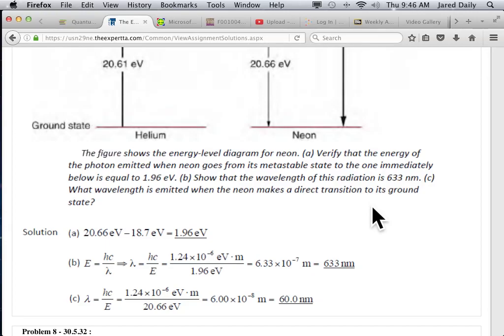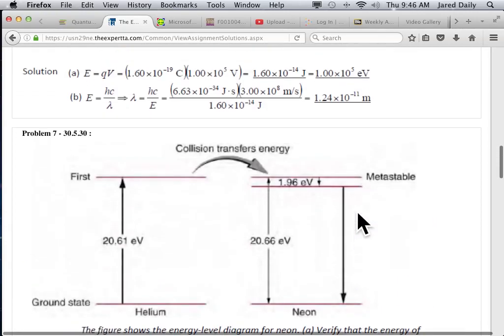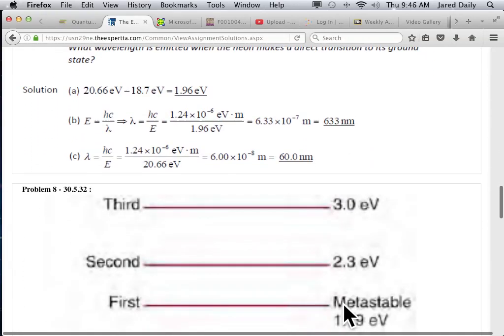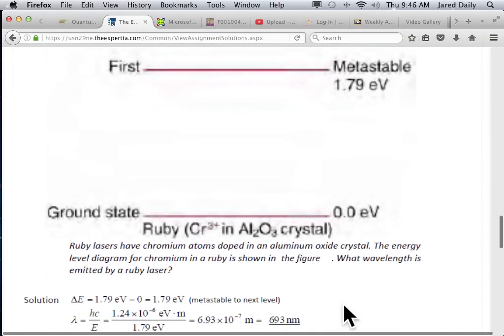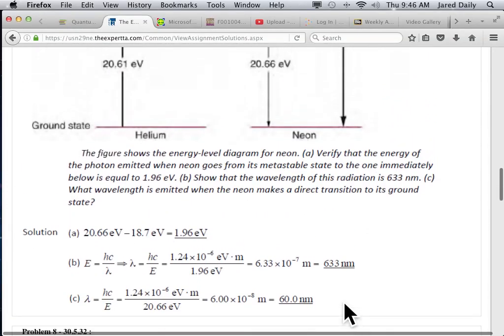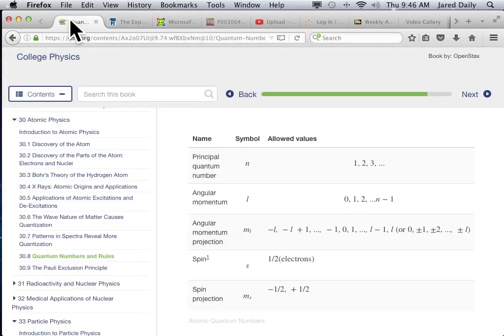They should have told us what this energy is here to get this right. It may be in the book. Let's go take a look. I know that we had the neon. They talked about neon lasers in there, so maybe it is in there.